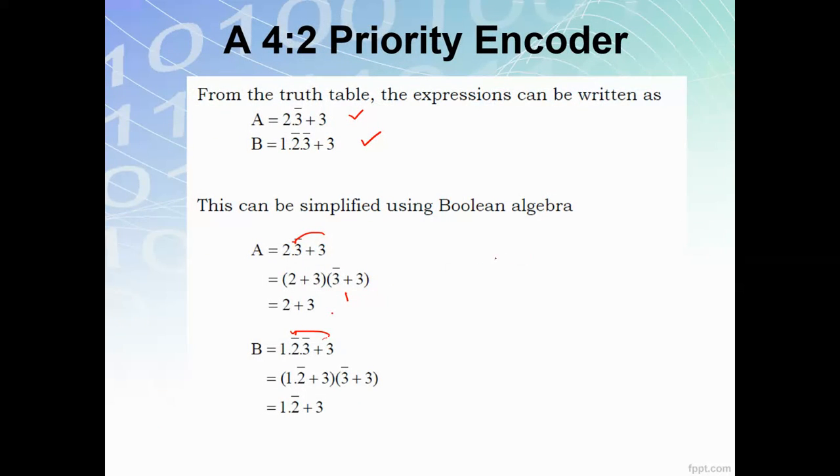Okay, kita draw dia punya block diagram. Kita perlu circuit diagram lah. Okay, so kita ada 0, 1, 2, 3. So this A adalah 2, 3. So 2 dan 3. Okay, lepas tu kita ada 1.2 bar plus 3.